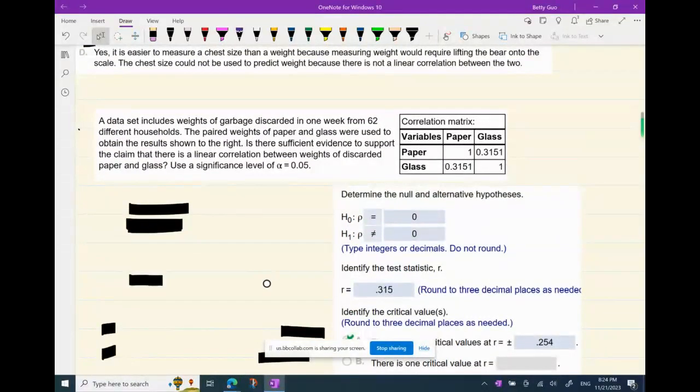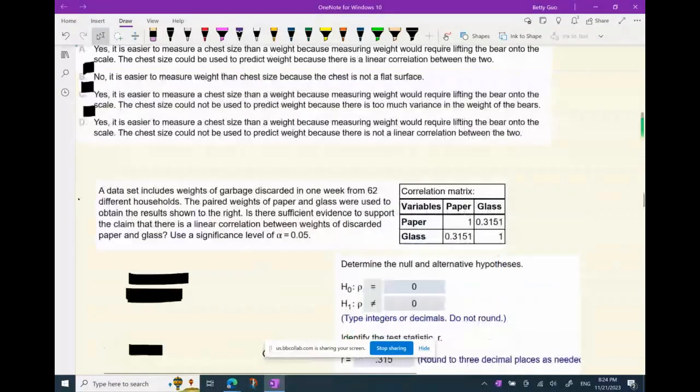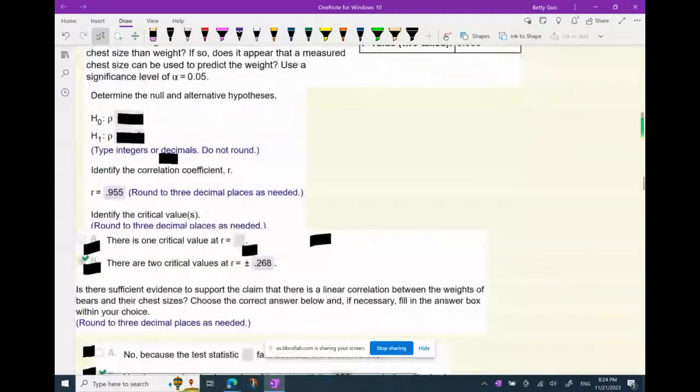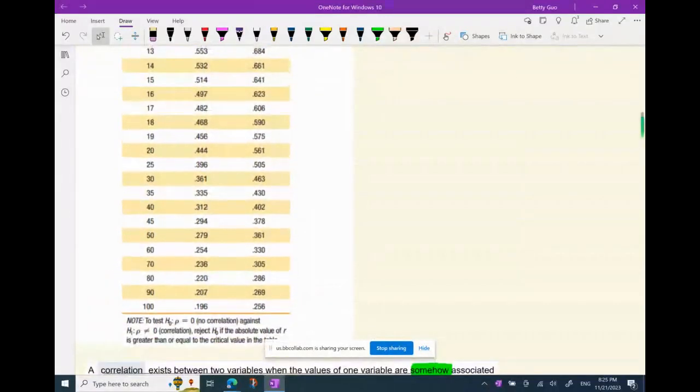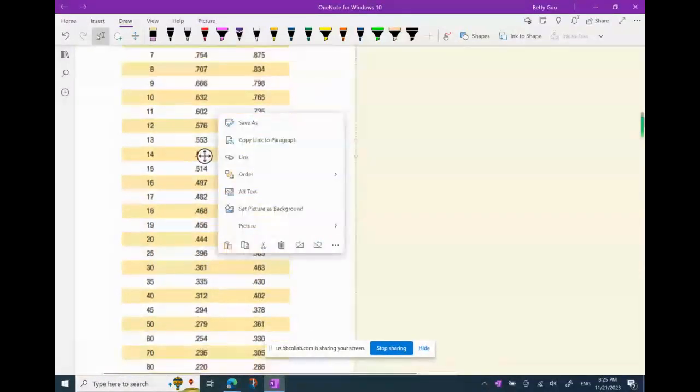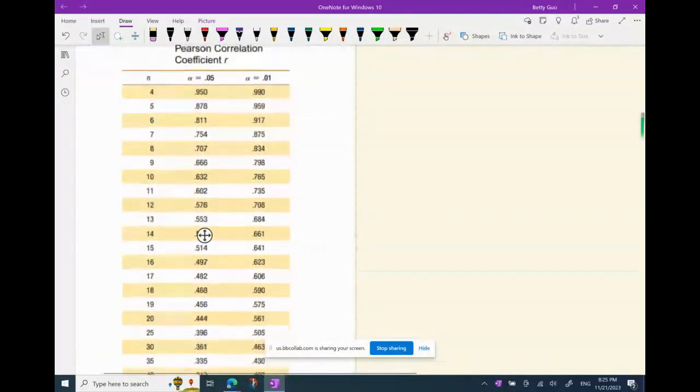A data set includes weights of garbage discarded in 1 week from 62 different households. Okay, sample size is 62. Let's remember that. Alpha is 5%. 62 and 5%.